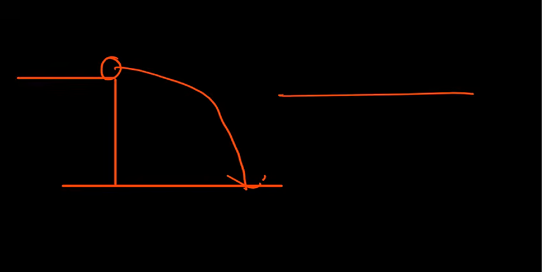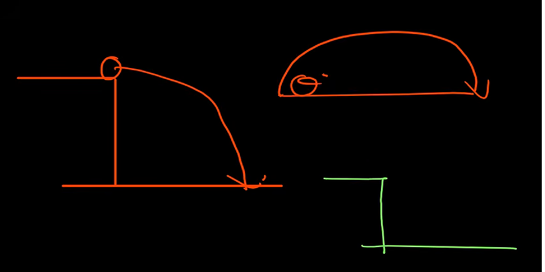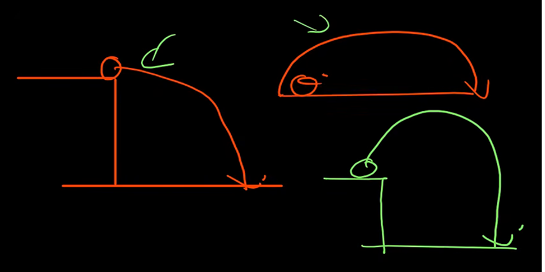If the ball is projected at an angle from the building, that is the third trajectory. So this is the first trajectory, the second trajectory, the third trajectory.